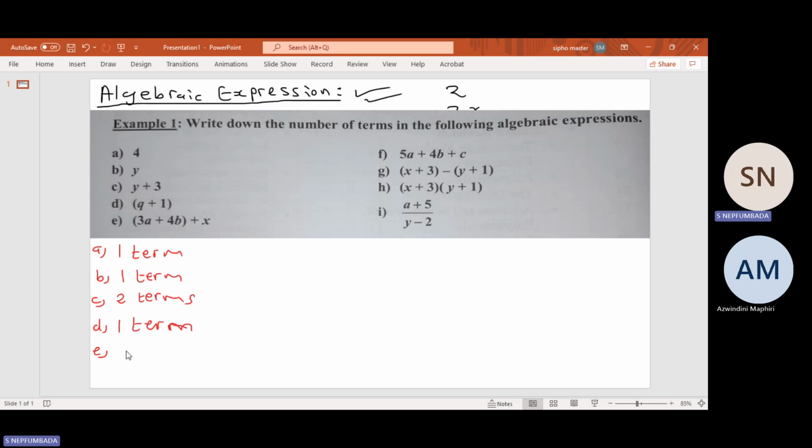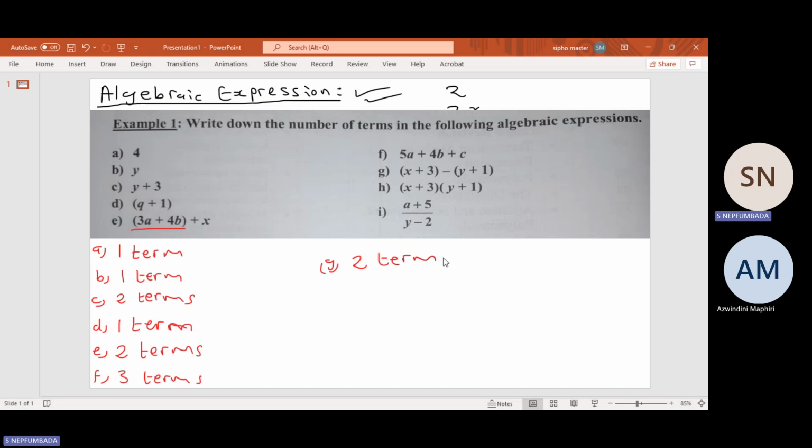Yes, there are two because they are separated by a plus sign; the part inside the bracket we consider as one term. F, how many terms do we have? Three. Yes, three terms. But G, how many terms do we have? Two. Yes, two terms.